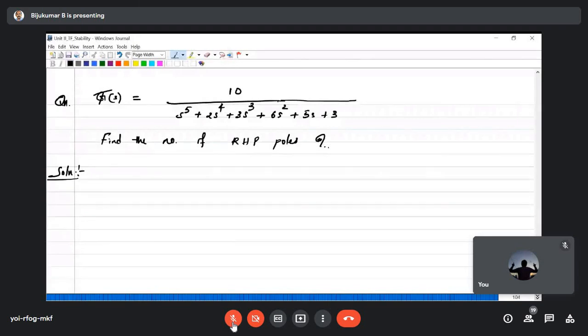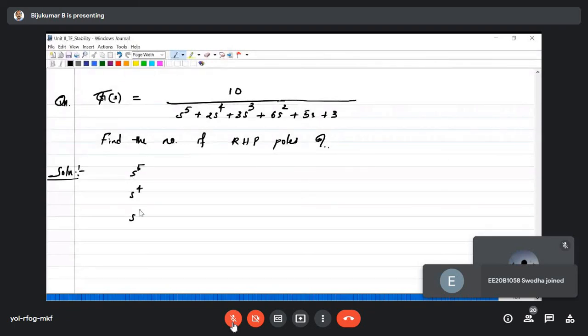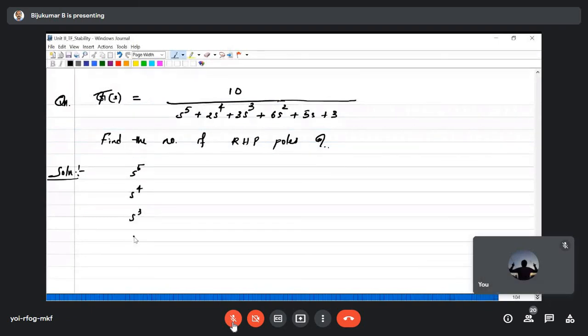So okay, then we will form the Routh array. S power 5, S power 4, S power 3, S power 2, S power 1, S power 0. Now we will enter all the elements: 1, 2, 3, 6, 5, 3.